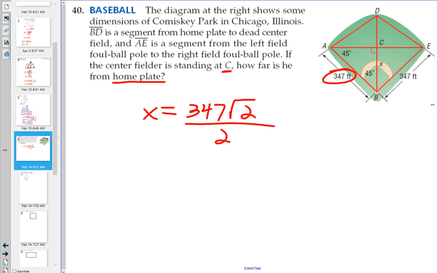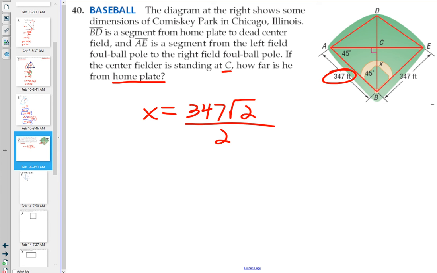Should end up being maybe 170, 160 maybe. 245.36. 245? Yeah, 245.36. Oh, yeah. If you would round.